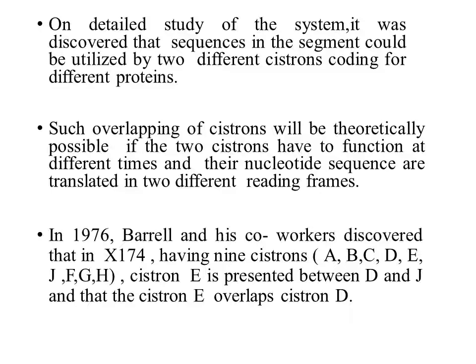This concept was discovered by Barrel in 1976 while working on bacteriophage X174. During their study, they found that the bacteriophage X174 contains 9 cistrons, and E cistron is overlapping with D cistron.